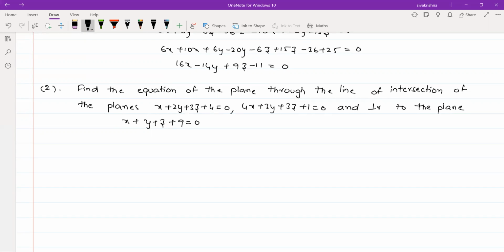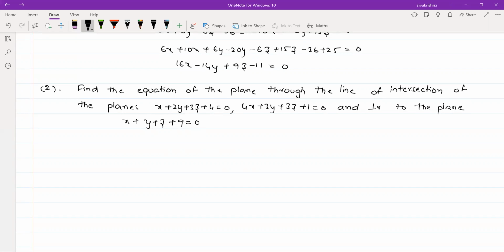So in this problem we are given that the required plane passes through the intersection of two planes and is perpendicular to another plane. So this was the hypothesis given in this particular problem. Once again we have to find the equation of the plane from this data.